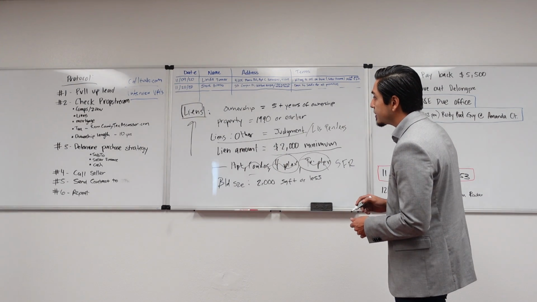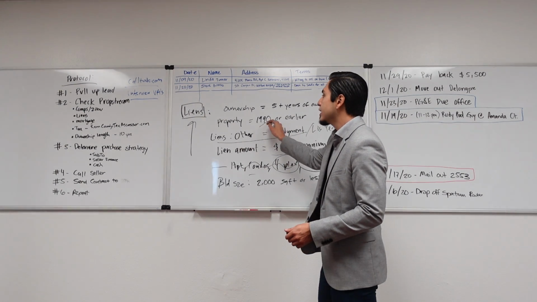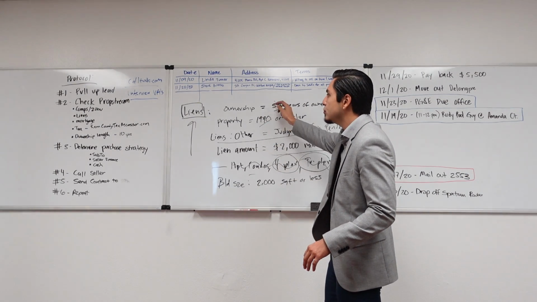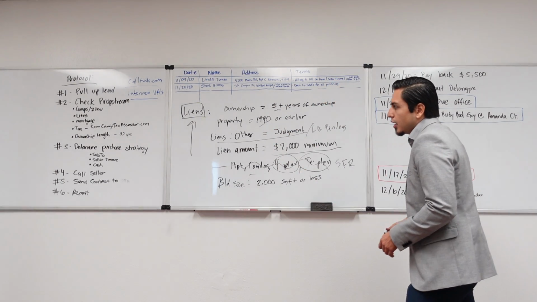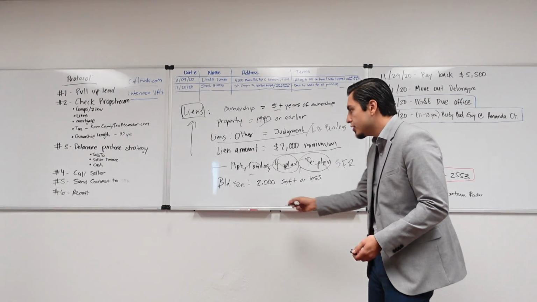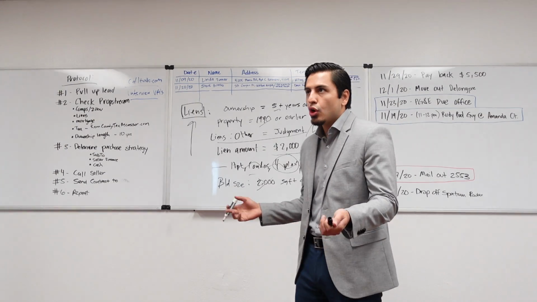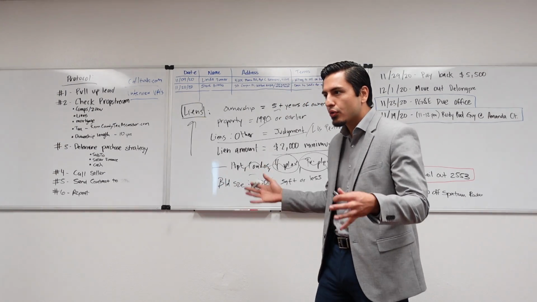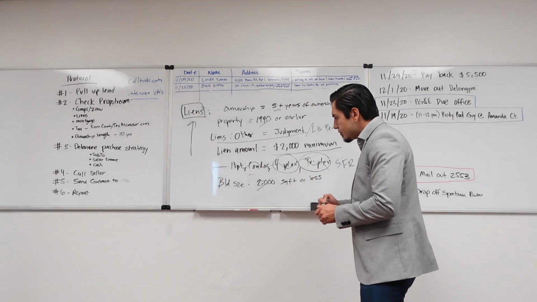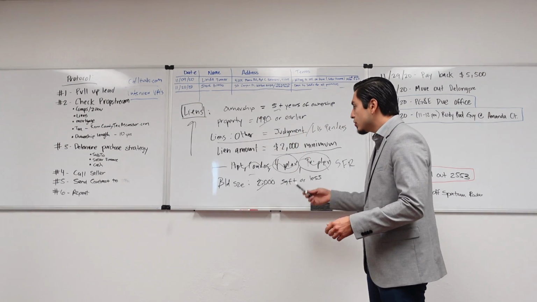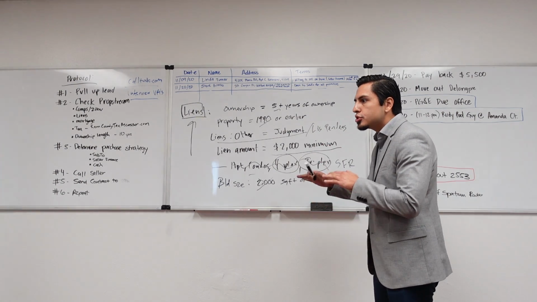SFR means single family residence. 1990 or earlier, you could play with this. Ownership 5 years or more, depending on the city. You could even do 3 years, but I like 5 years. And building size, you could play with it. It could even be over 2,000 square feet. Sometimes you could have some bigger houses that people do want, and they'll probably have a lien on them. So everything, you could tweak it.